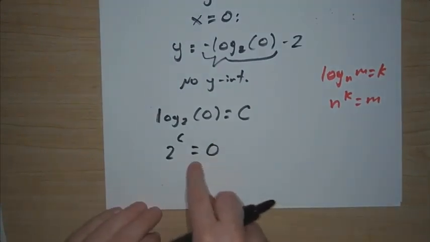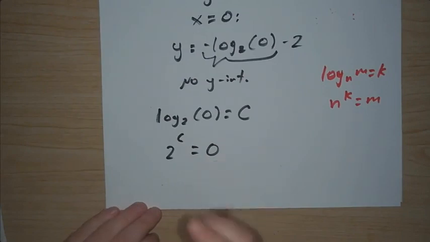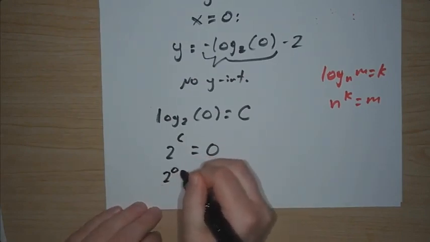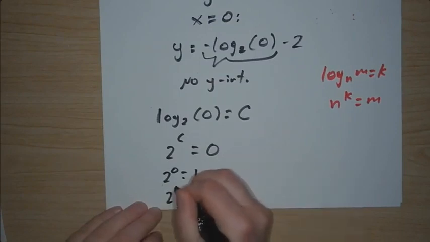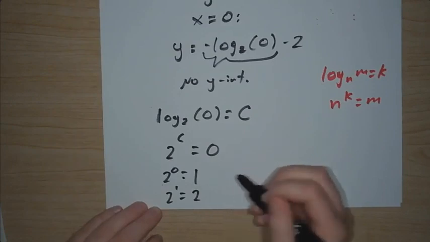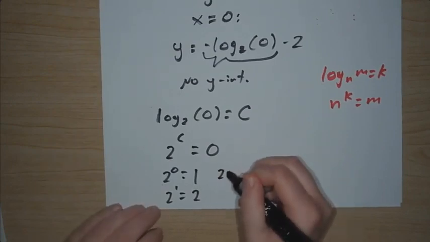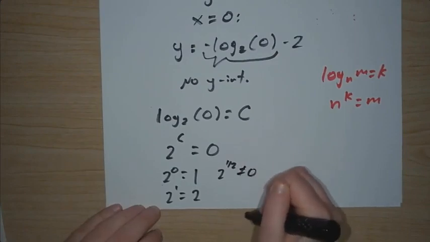And we can't find out what c is, because there's no possible way that anything to any exponent can be 0. If we have 2 to the 0, it equals 1. If we have 2 to the 1, it equals 2. And even if we have 2 to some fraction, it still won't equal 0.